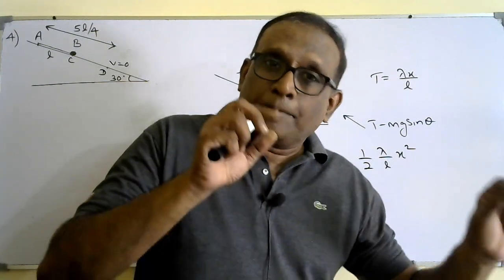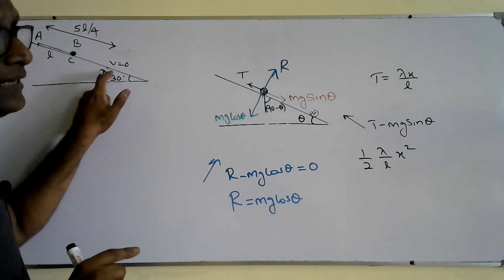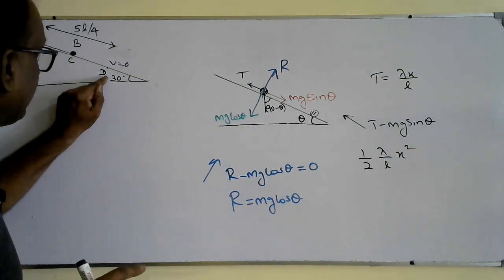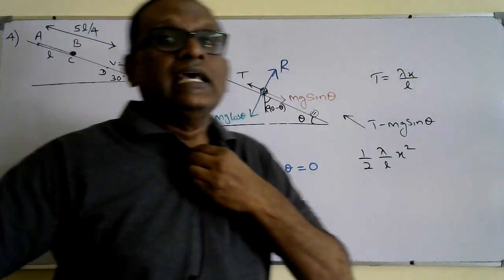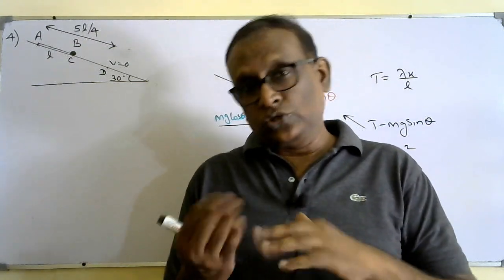But finally, when it comes to rest at point D, what happened when we consider the whole motion from C to D? Speed is 0 here, so no kinetic energy. It gained kinetic energy, but now it lost all the kinetic energy it gained during the motion.